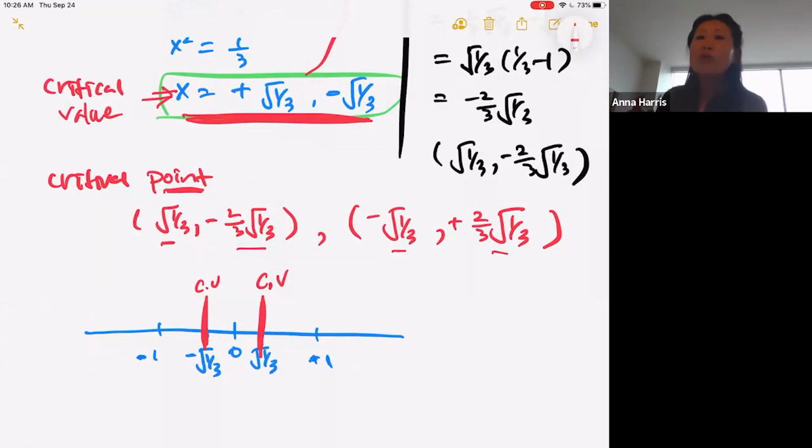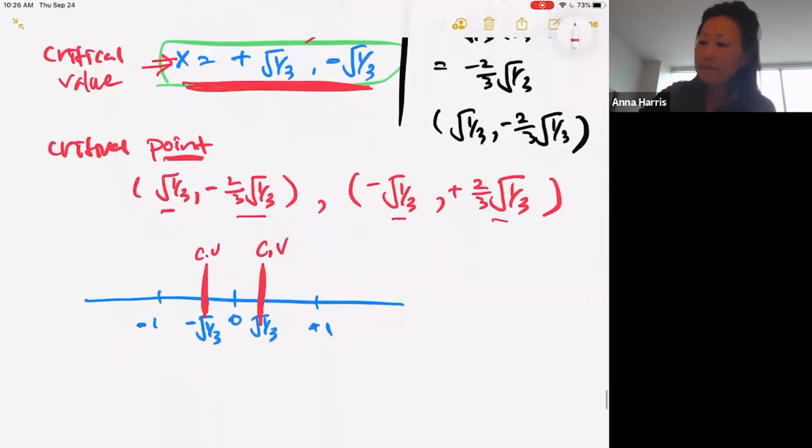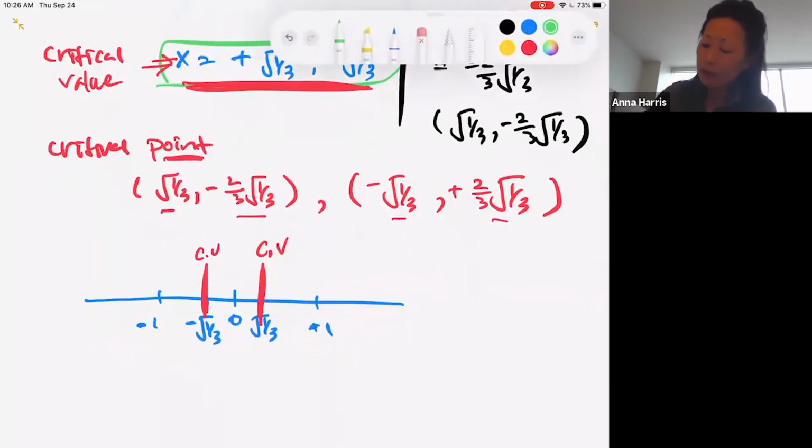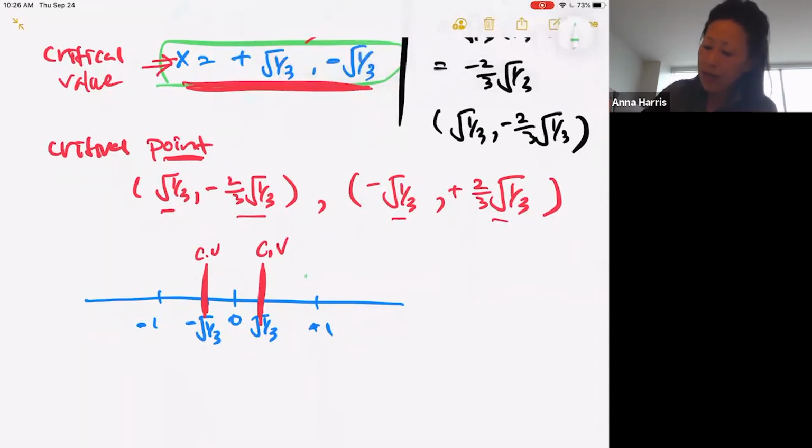Now I want you to choose 3 numbers, any numbers between them. I will choose x equal to 1 here, x equal to 0 here, and x equal to negative 1 here.